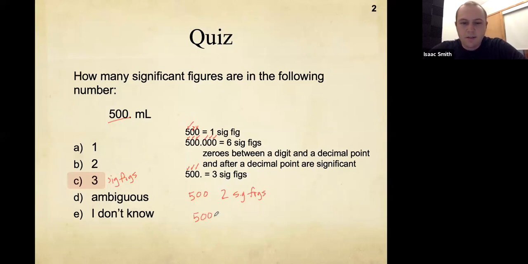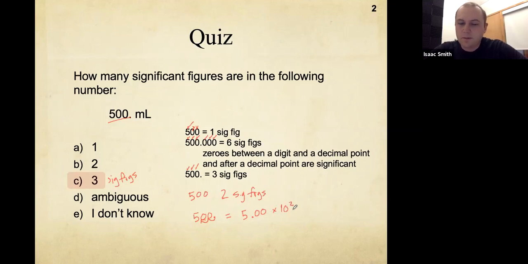So 500, if we do scientific notation, the way I like to do it, I put a decimal to help me know the exponents. And I need to move this decimal over 2 places in order to get just a number in the ones place. So 500 would be equal to 5.00 times 10 to the power of 2, right?